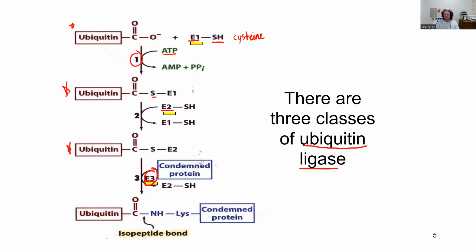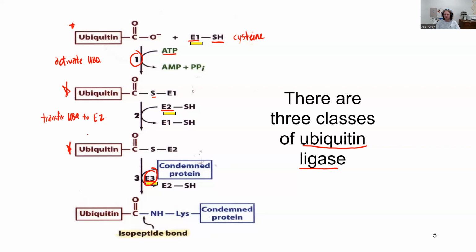And what they're going to do is basically activate ubiquitin, which is commonly written as UBQ. It's going to activate ubiquitin and transfer UBQ to E2, which I personally think about as kind of a gatekeeper.